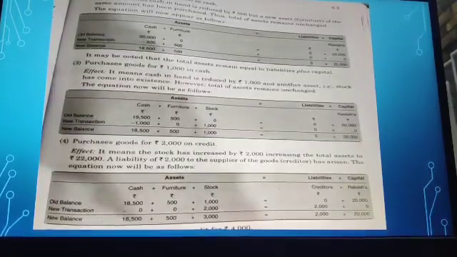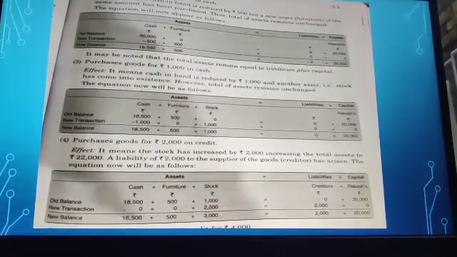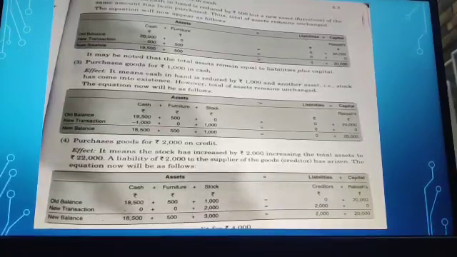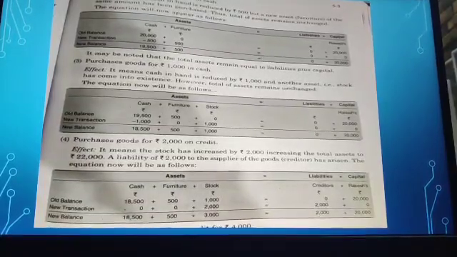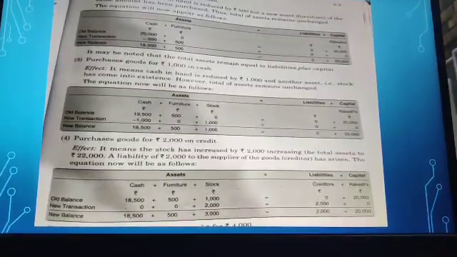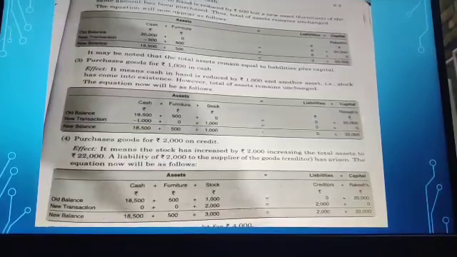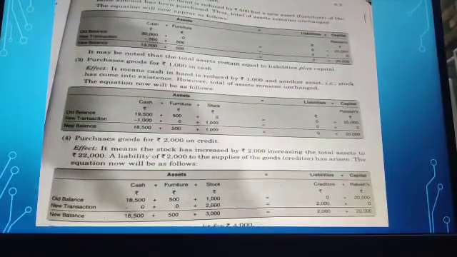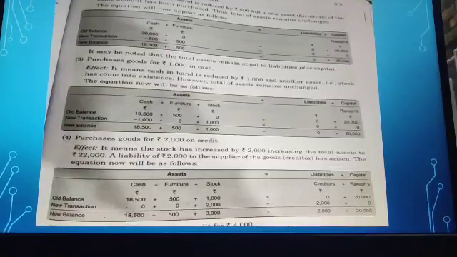Now the new transaction says purchased furniture for rupees 500 in cash. Cash is going to be deducted from your 20,000. You deduct 500, which gives you 19,500. In a similar way, you add or create one more account, your furniture, and you add 500 in that respective column of furniture.